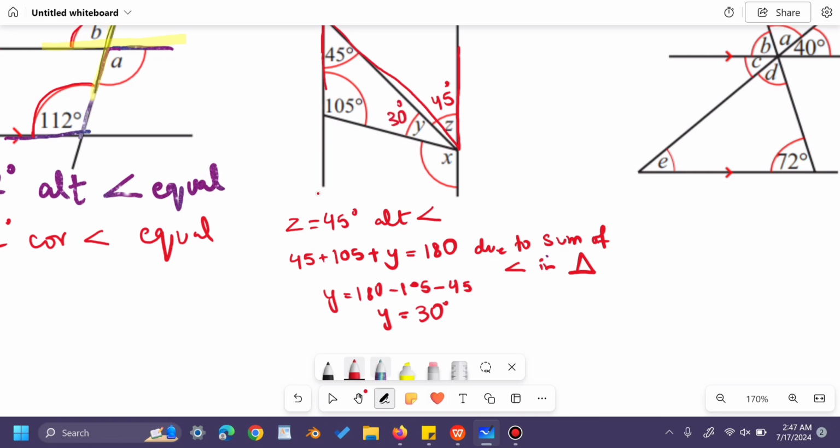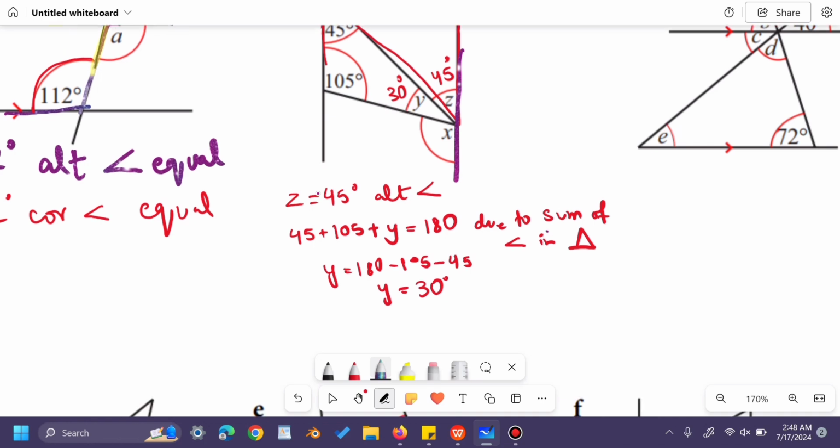Now we can see another thing, that this is a straight line. Definitely. Now we can find x because x plus y plus z is equal to 180 degrees. So if I write it over here, x plus y plus z must be 180 degrees, right? We don't know x. Then we know y, which is 30 degrees, and z, which is 45 degrees, and overall the answer is 180 degrees, so we subtract 180 minus 30 minus 45.